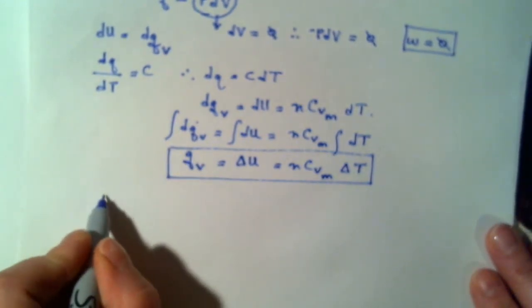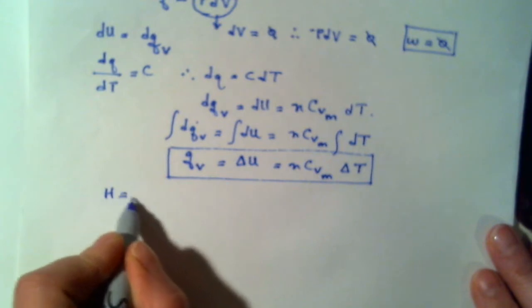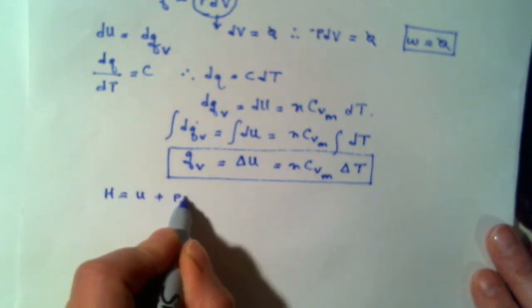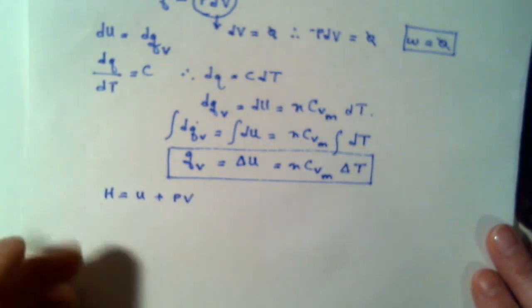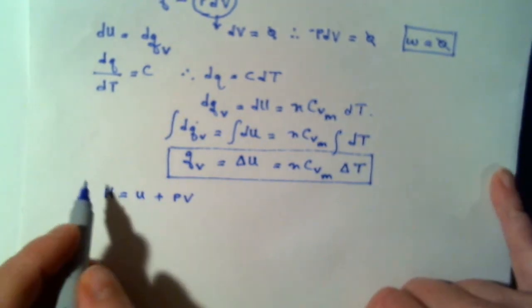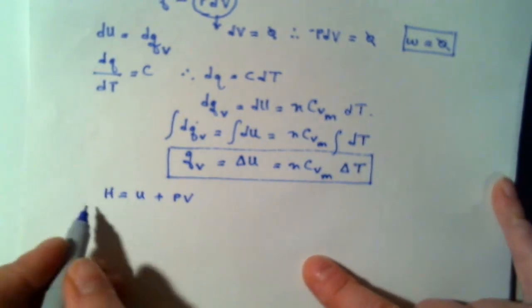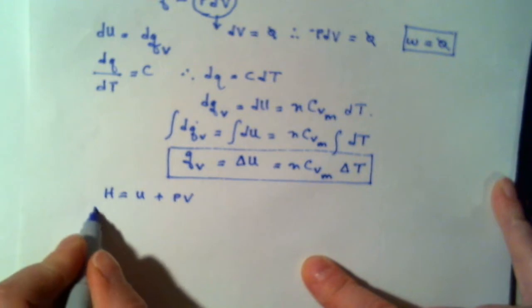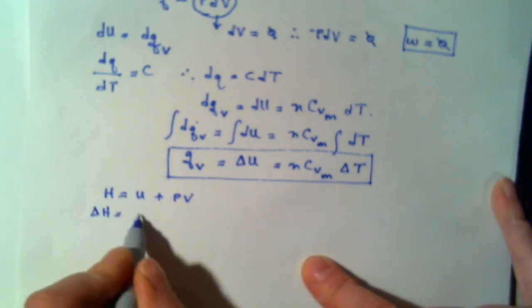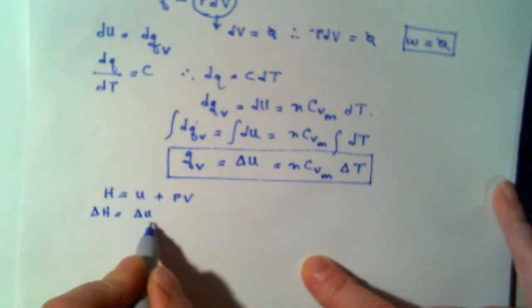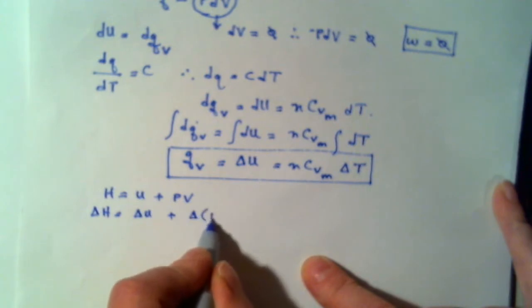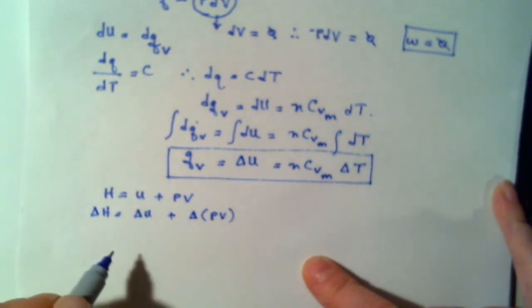Lastly, I have enthalpy, and I'm going to start with H is equal to U plus PV. Great place to start. It's true all the time. And now I'm going to go right to a finite change. Delta H is then going to be equal to delta U plus the delta of the PV.